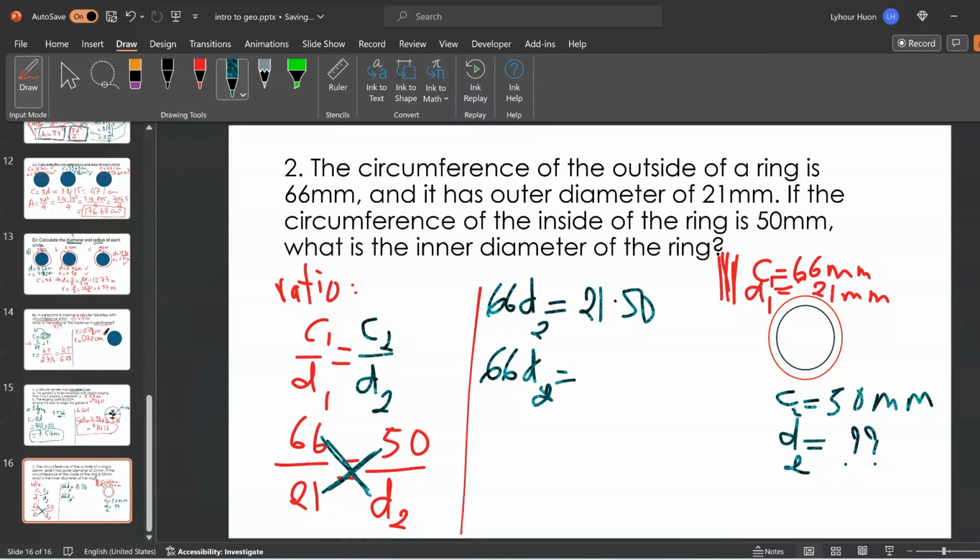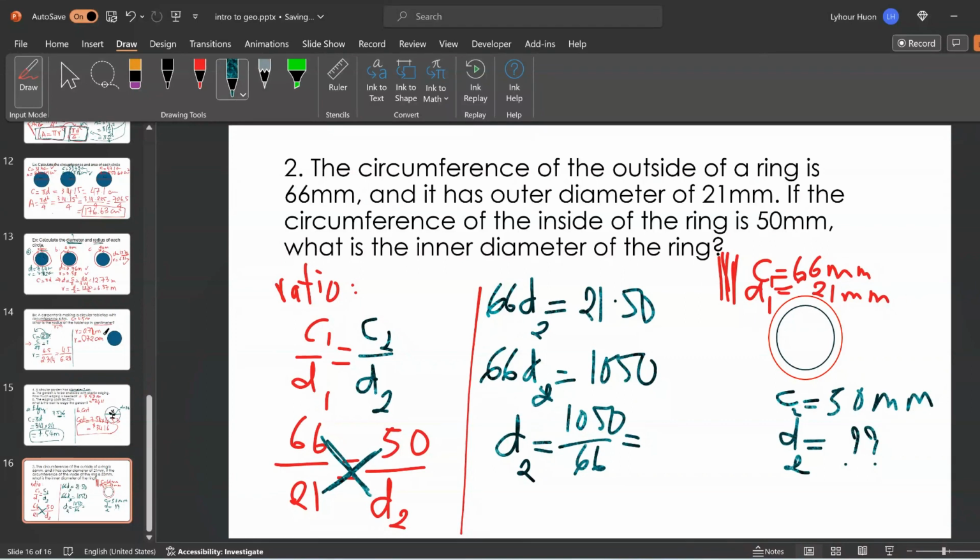Okay, I'm going to do it manually, easier, like 1050. When you do it manually, I get the answer with more confidence and don't need to check. But when you use the calculator, I always doubt whether the answer is correct. Divided by 66.